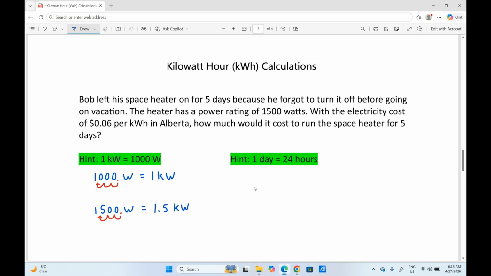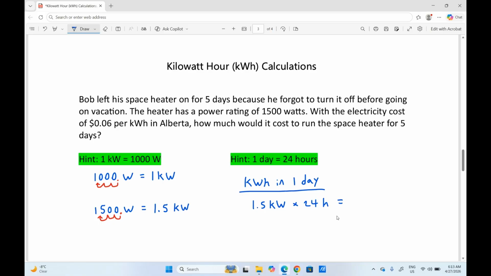For kilowatt hours in 1 day, I'm going to take my 1.5 kilowatts and multiply it by 24 hours. Upon doing so, that should get me the kilowatt hours for 1 day.